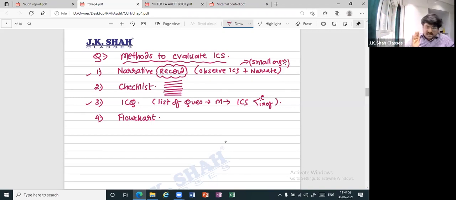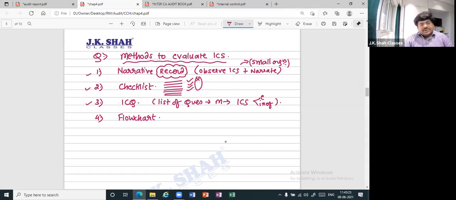Once they make a checklist, common sense, they will go to the client's place. They will observe the ICS. Thereafter, they already have the checklist. So then what they will do is they will put a tick or they will put a cross. Obviously, more the ticks, it means more efficient the ICS. More the crosses, more inefficient the ICS. That is known as a checklist. I hope you followed. Okay.